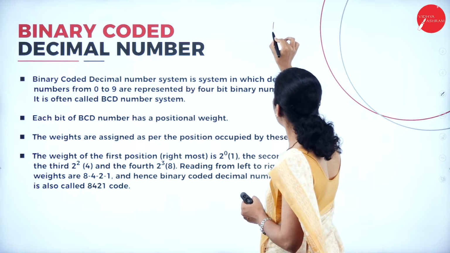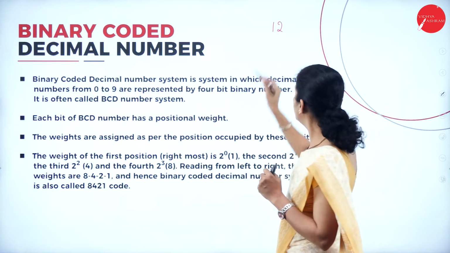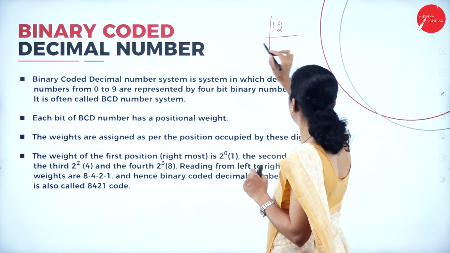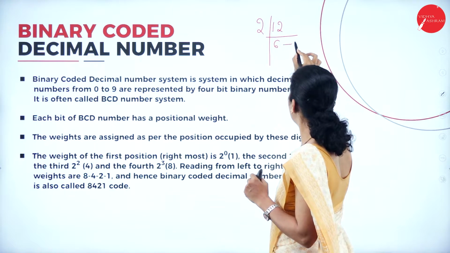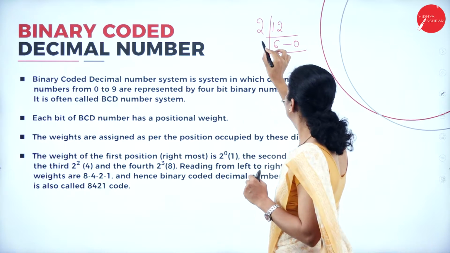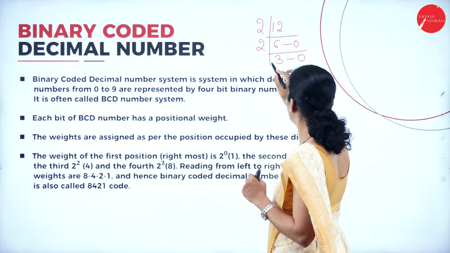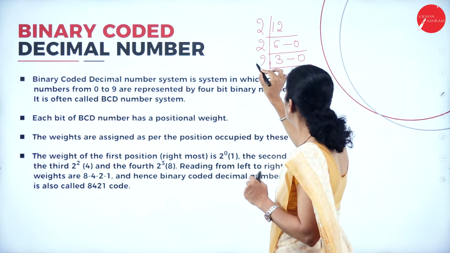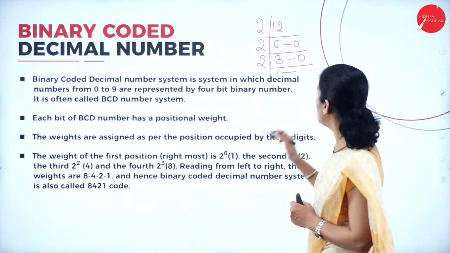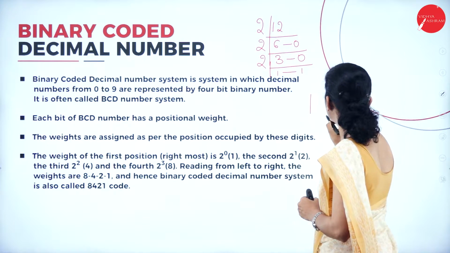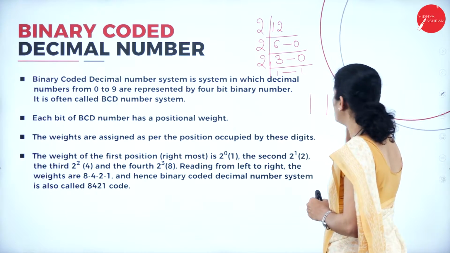Think that I have 12 as my decimal number, and if I divide this number: 2 sixes are 12, 0 remainder; 2 threes are 6, 0 remainder; 2 ones are 2, 1 remainder. Now I'll get 1 1 0 0.